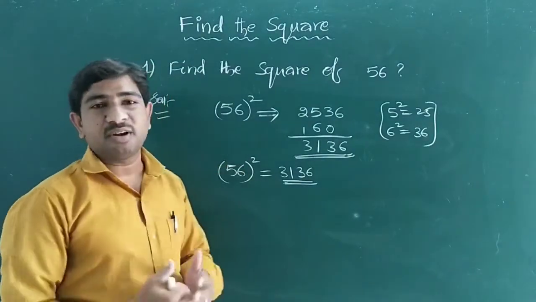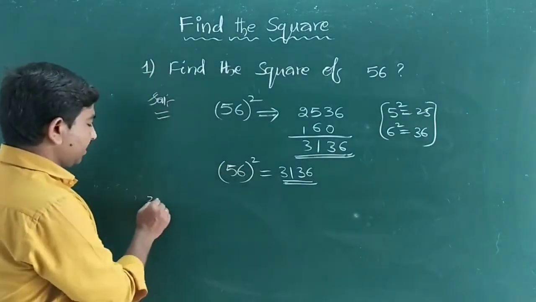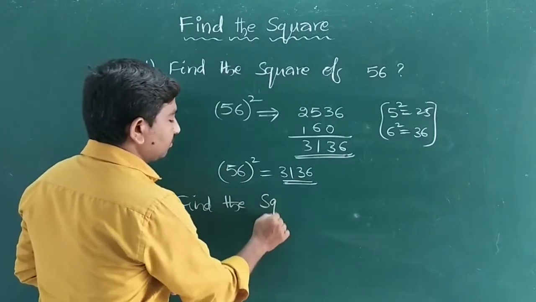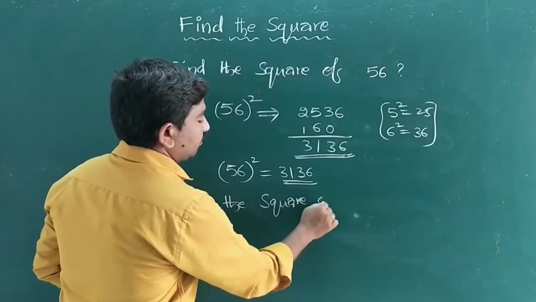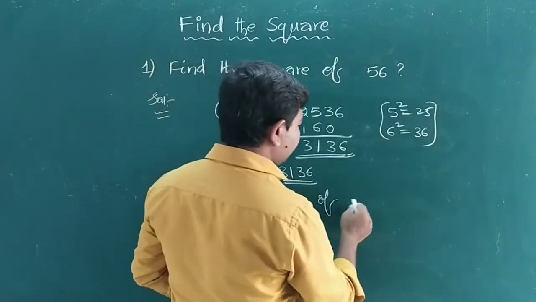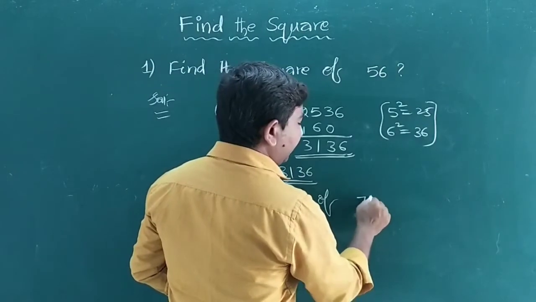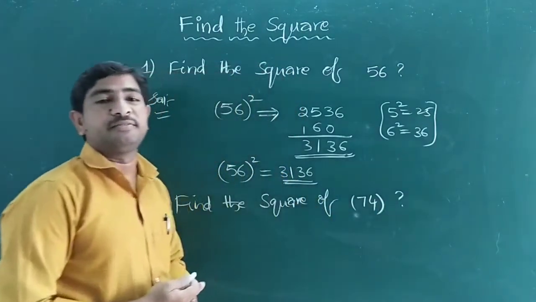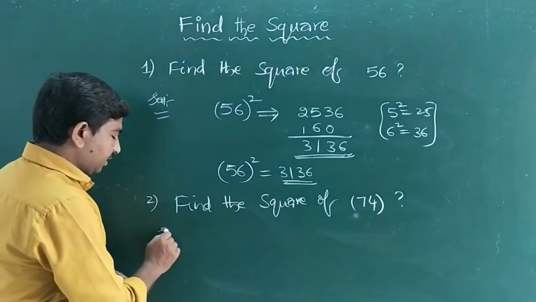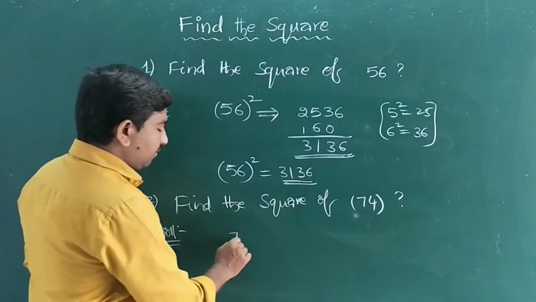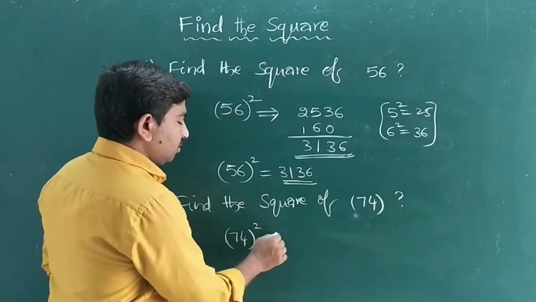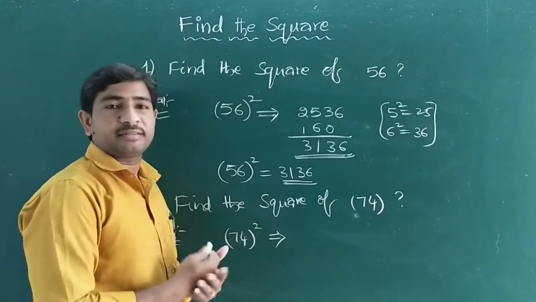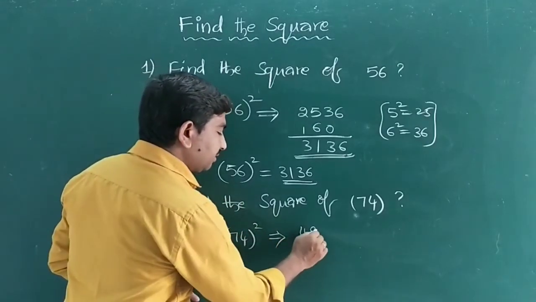Now let us see one more example. The second one is find the square of 74. Now how will it be? 74 whole square is equal to, as I said, first take 7 square. 7 square is 49, right?